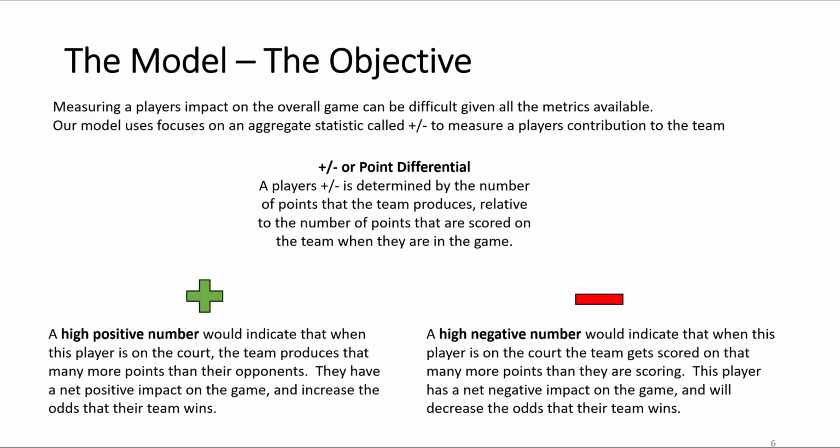A high negative number would indicate that when a player is on the court, in aggregate, the opposing team scores more than the home team. If we maximize the team plus minus, we would win more games than we lose, resulting in a successful season, thus leading the Philadelphia 76ers back to glory.